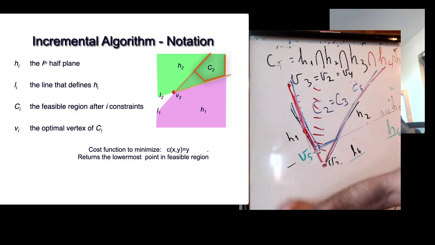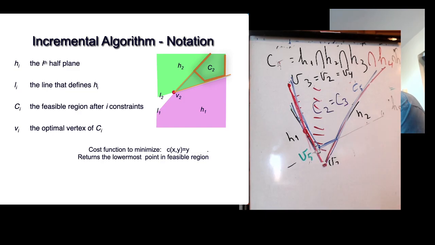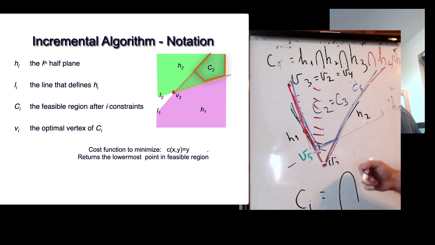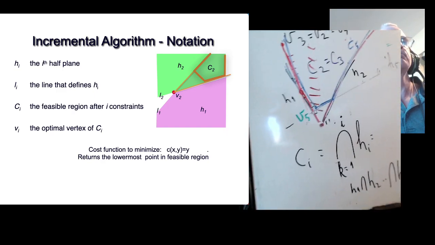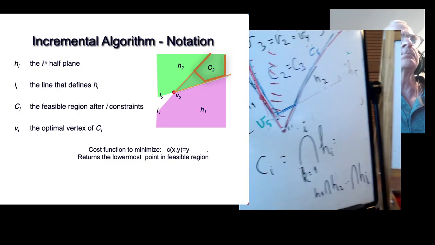If you want to look really fancy, you can write C_i as the intersection, with the intersection sign, over k going from 1 till i of H_k, which is just like writing H1 intersected with H2 intersected, all the way to H_i.